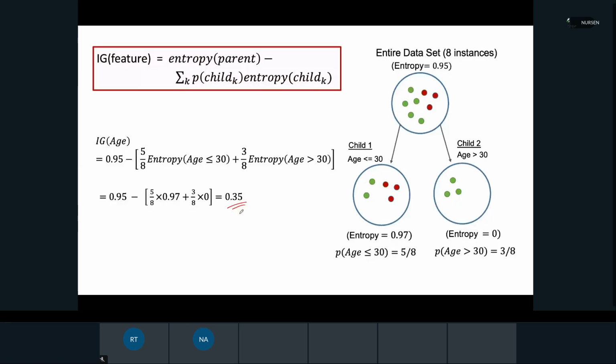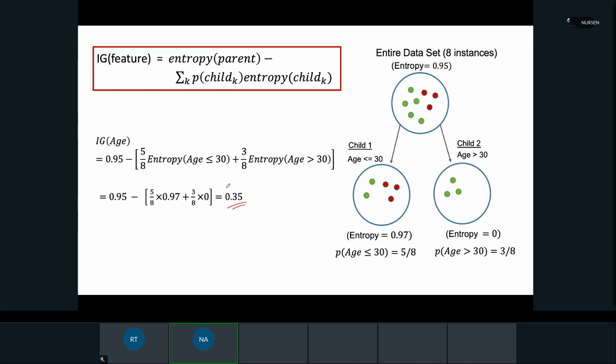provided by the age feature. So this value by itself doesn't have any unit. We can't currently know whether this is a good value or not. We may know that in the best case, a feature can decrease the entropy to 0. Like assume that both children will provide us a pure outcome, pure entropy, which is 0.